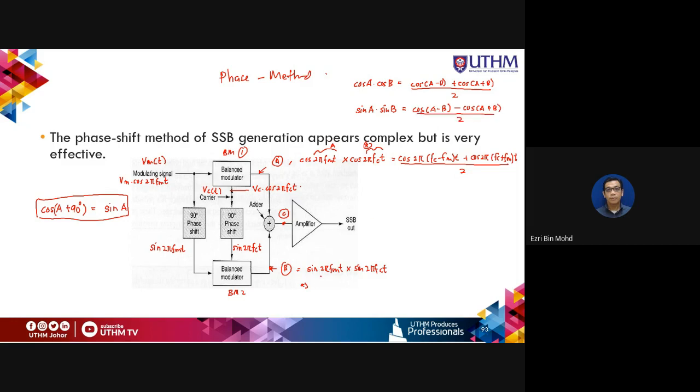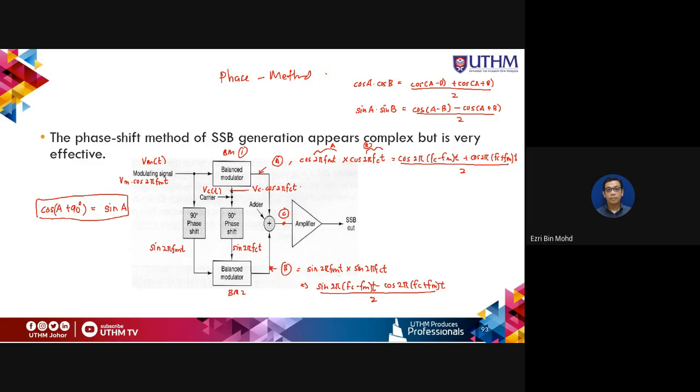So jadi berapa ni? So it becomes cos 2 pi FC minus FM T minus cos 2 pi FC plus FMT, divide by 2. Right. So we got two equations here. Point A dengan point B. So A, B.